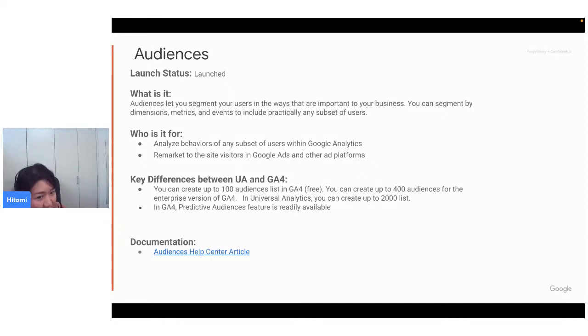On the other hand, for Universal Analytics, you can create up to 2,000 lists. So when you plan to migrate some of these audience lists, you might need to cherry pick the ones that you actually use in GA4. But in GA4, we have a very exciting feature called predictive audiences, which is readily available for GA4 users.